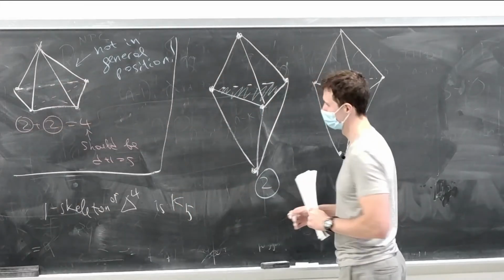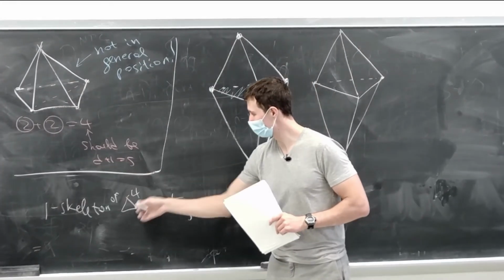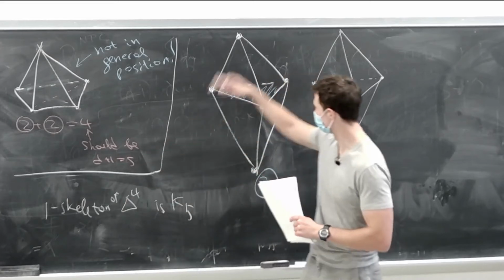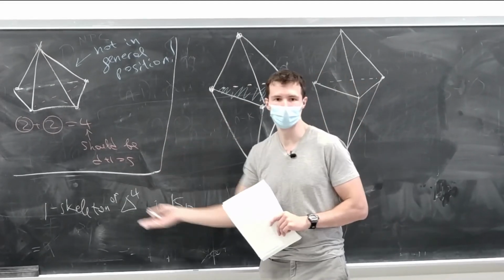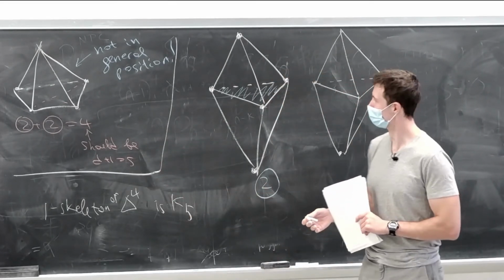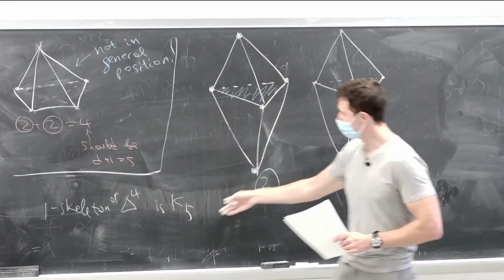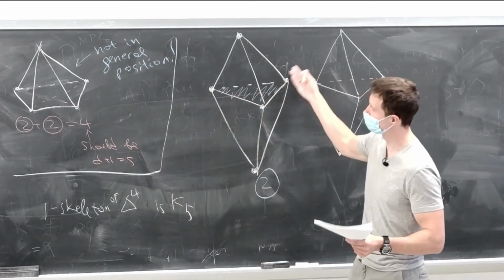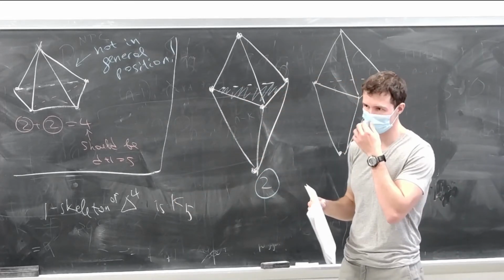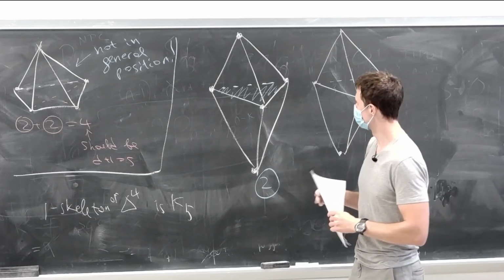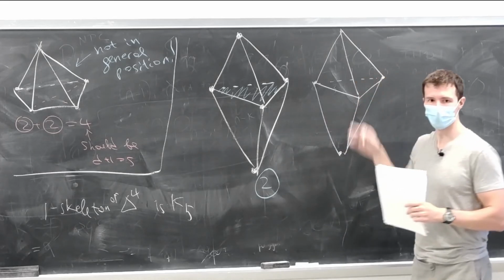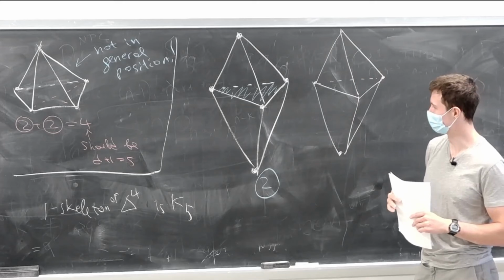So all facets of this should appear in the flip, and all edges should also appear in the flip. And as you know, K5 is non-planar, so it cannot be the one skeleton of a 3 polytope. Right? So what's the other flip going to look like?